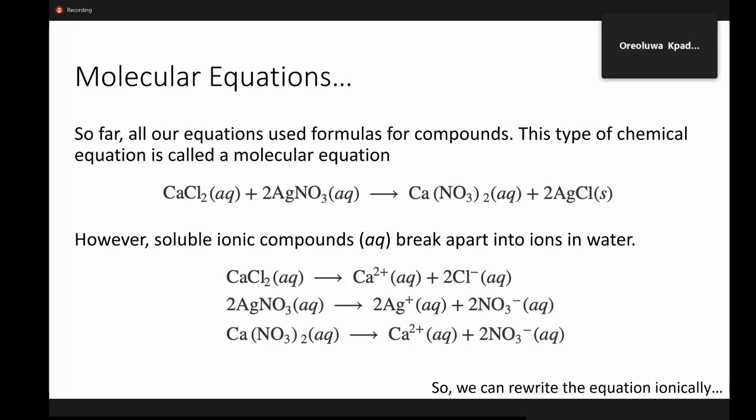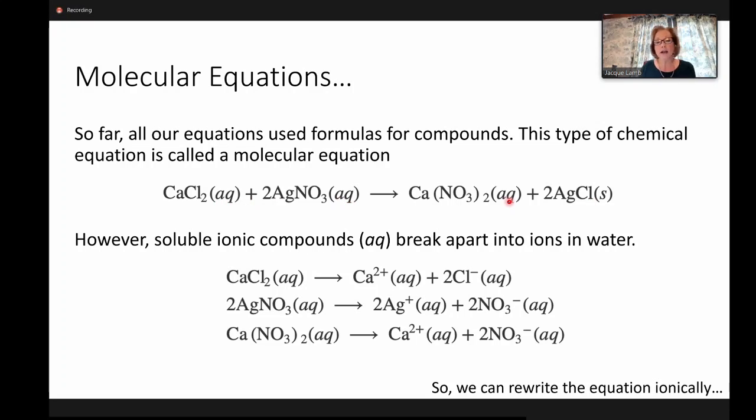All right. What we were just doing was molecular equations. All of the formulas that we've used have been formulas for compounds, and that is called a molecular equation. Here we have a reaction between aqueous calcium chloride and aqueous silver nitrate. These are ionic compounds, all of them on both the reactant side and the product side, and you'll note that they are aqueous.